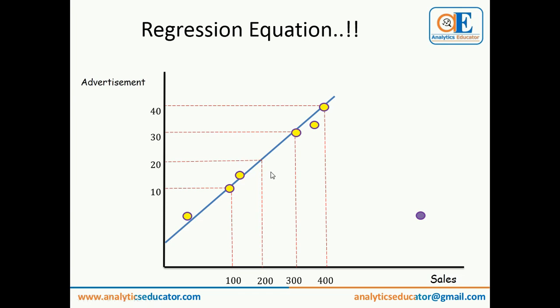That's going to be easy, because in this line we will check if advertisement is 20, so 20 intersects this line over here, and the point in sales that it intersects is going to be close to 200. May not be exactly 200, but close to 200. But we are not going to do it just by checking with our eyes, which is very difficult to say. So we can figure it out with something called a linear regression equation.